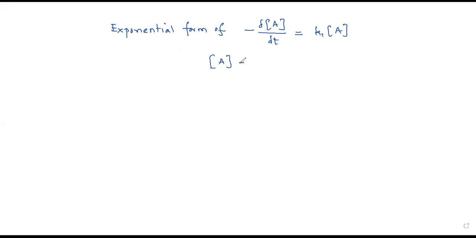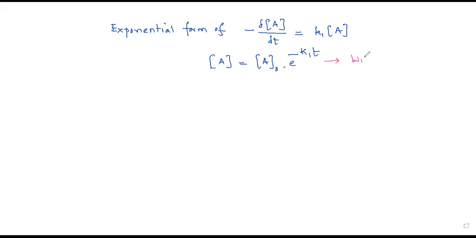Now let us take the exponential form of minus dA by dt is equal to K1 into A. This is nothing but our first order reaction, the basic expression for the first order reaction. The exponential form of this can be given as A is equal to A naught into e power minus K1 into t.